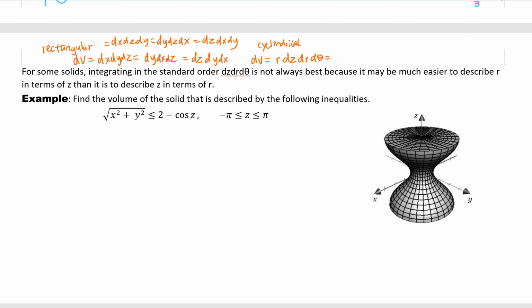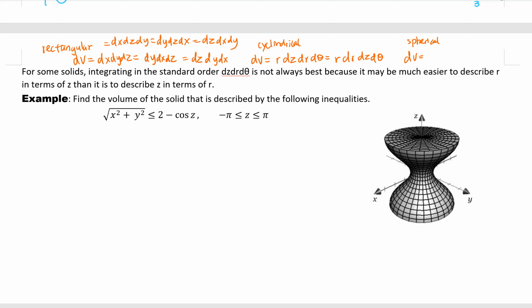Sometimes, if the surface expresses r in terms of z and theta, it's better to use the order dr, dz, d theta. There could be some other orders as well, but mainly we use these two. How about spherical coordinates?